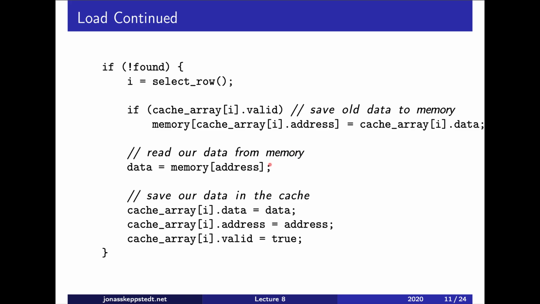But when we fetch data from memory and put it in the cache, well, the processor can do something else, but usually it fetches data from memory because some instruction needs that, and usually it will end up with the processor waiting for this data. Okay, so when we get it, we put the data and the address and set valid to true.